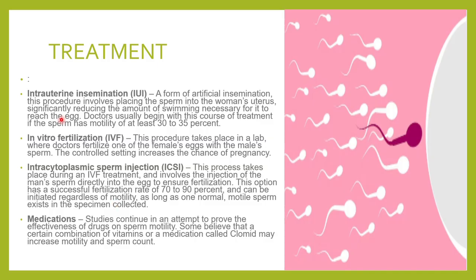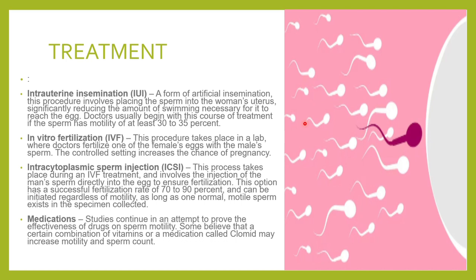Now there are various other advanced modalities for treatment of infertility, like IUI, IVF, ICSI, certain medications, etc. But remember, if the person has many non-motile sperms, or if the sperms are non-progressive, then it is always better to go for intracytoplasmic sperm injection, because here we directly inject the sperm into the cytoplasm of the egg.